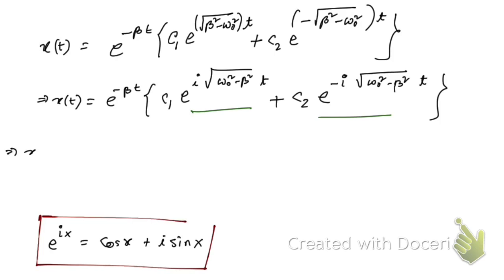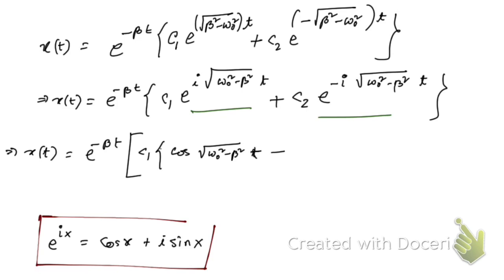So then x of t is equal to e to the power minus beta t, and within the square bracket we can write c1 cos root over omega naught square minus beta square into t, plus i sin root over omega naught square minus beta square into t.